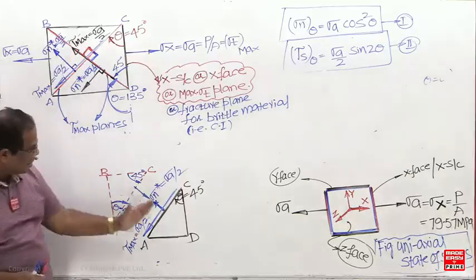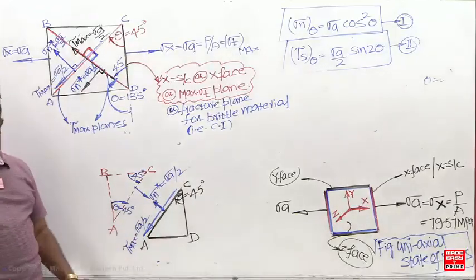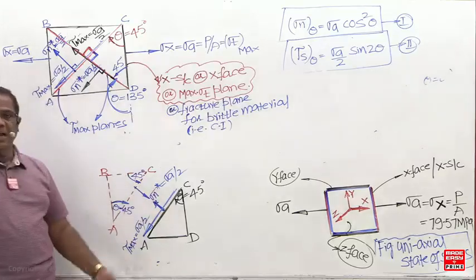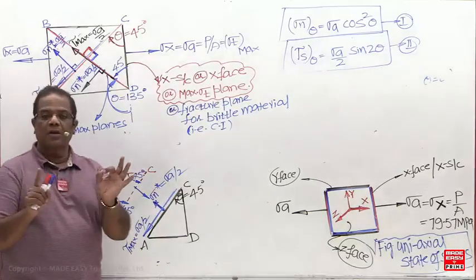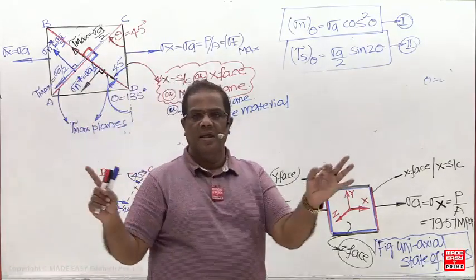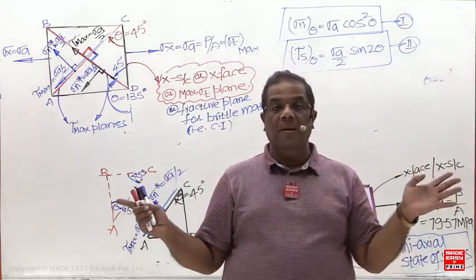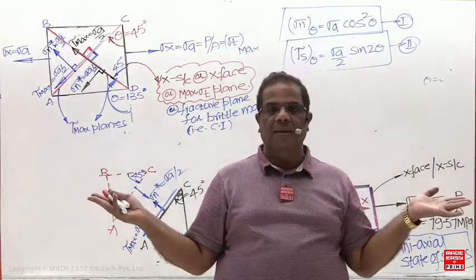Now this is tensile, it is also tensile. Both are tensile, and tensile means away from the plane. So always remember, on two parallel planes, normal and shear stress are equal but in opposite direction for equilibrium.